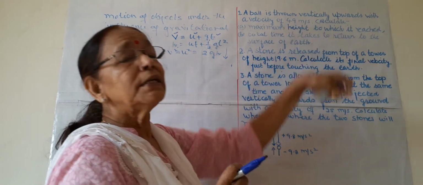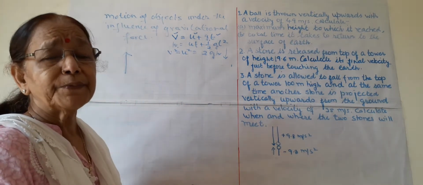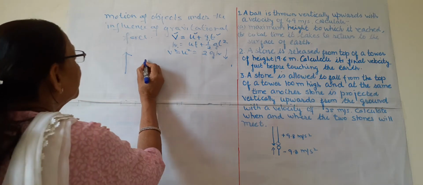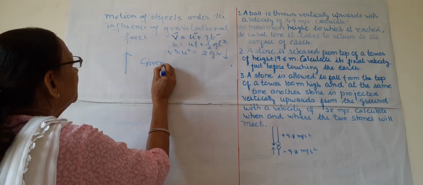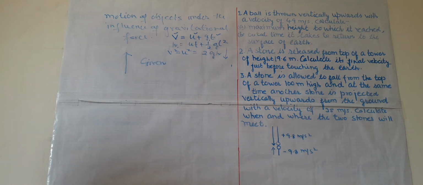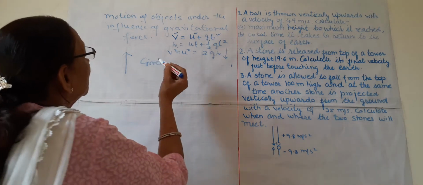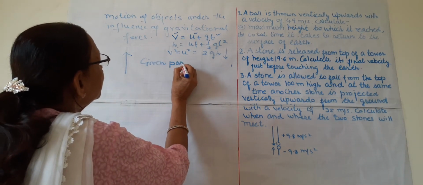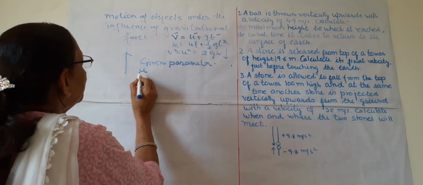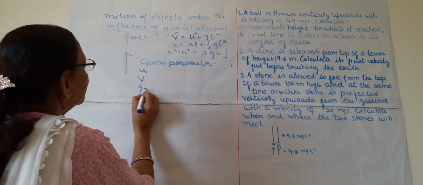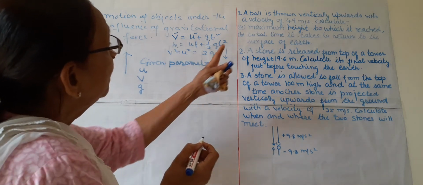So this velocity is u or v? First of all, I should write what is given. The given parameters I should write. First we should write u, what is v, what is g, and what is given.